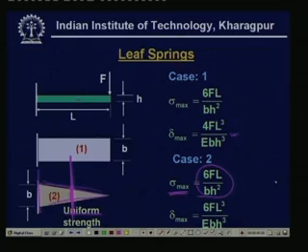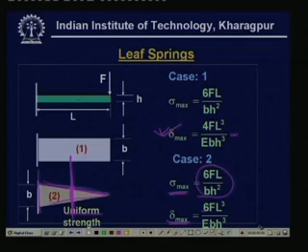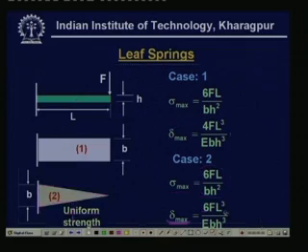However, in this particular case, although it is a uniform strength cross section, the maximum delta is obviously larger than what we obtained in case 1. Now, if it is larger, then this gives one additional advantage from this particular design point of view.